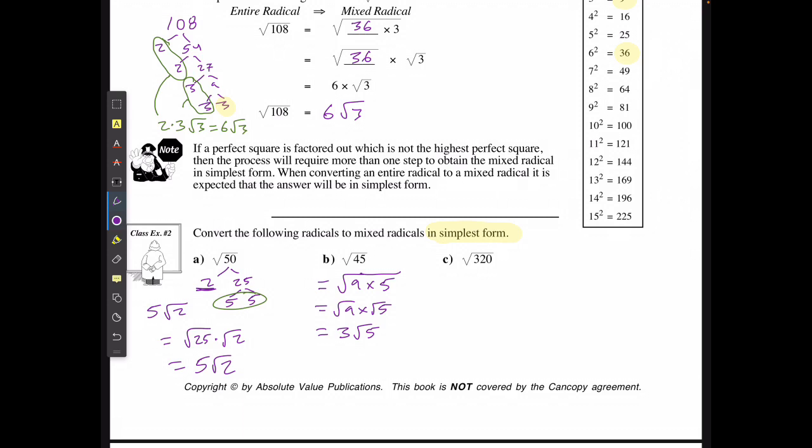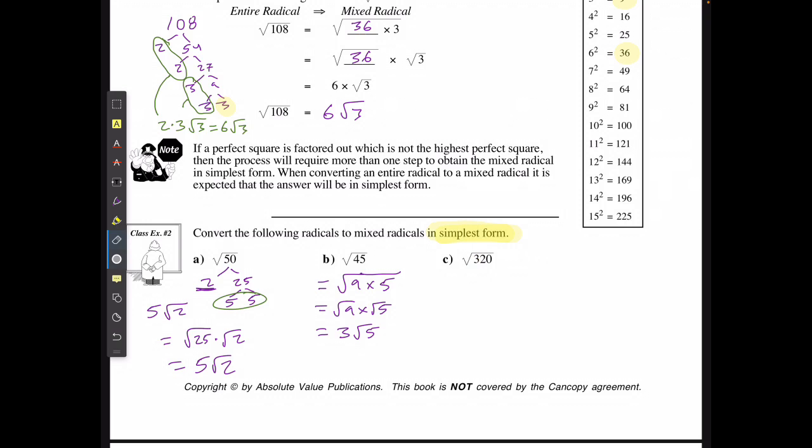Now here's where the factoring tree seems to work better, if we're dealing with bigger numbers. Once I get to 320, there are multiple perfect squares that I can divide out of here. There's not just one. So I might not always know what the absolute biggest perfect square I can divide out of here is.